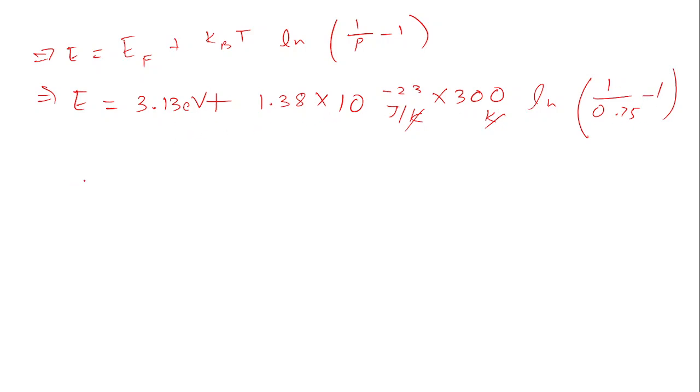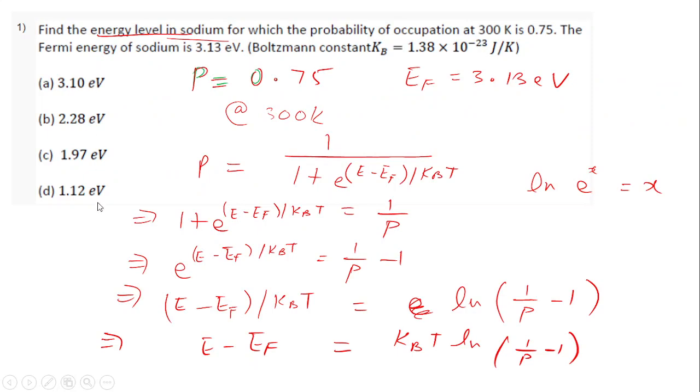So what happens, the relationship between joule and electron volt: 1 electron volt is 1.6 times 10 to the power minus 19 joule, and answers are in electron volt.